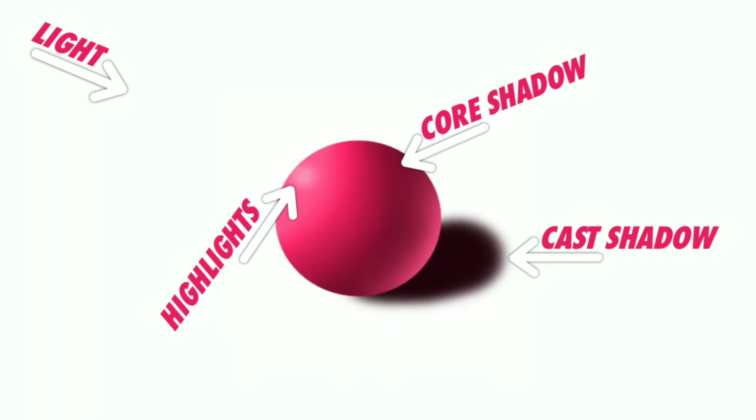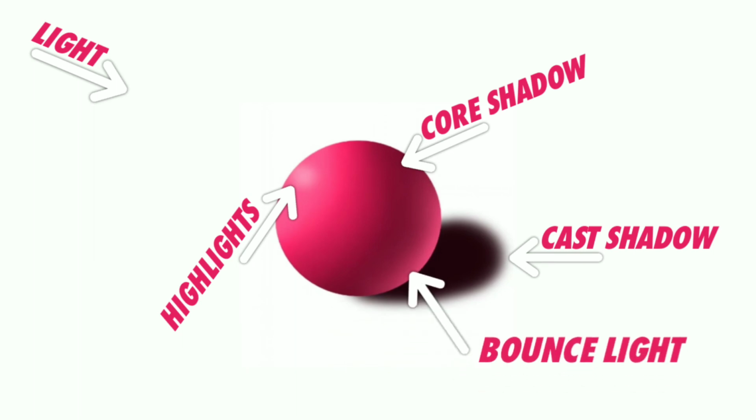And finally at the end we have our bounce light, which indicates light being deflected from other surfaces around the sphere. Just like in any other realistic case where light is not completely absorbed by the nearest surfaces of your object, what happens here is that those surfaces reflect back a little portion of the light on the object, so it kind of gives that shine on the back of the sphere.